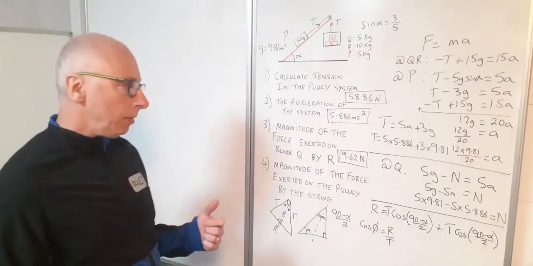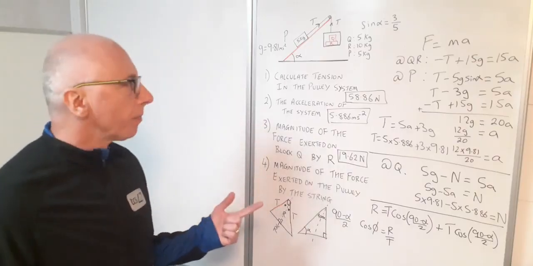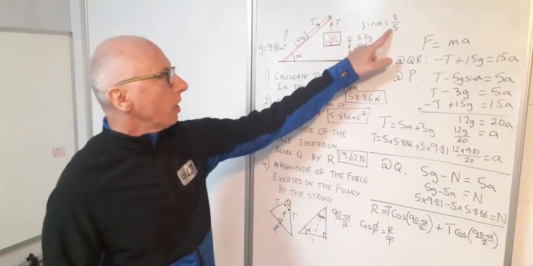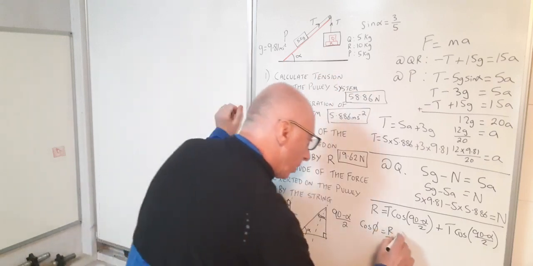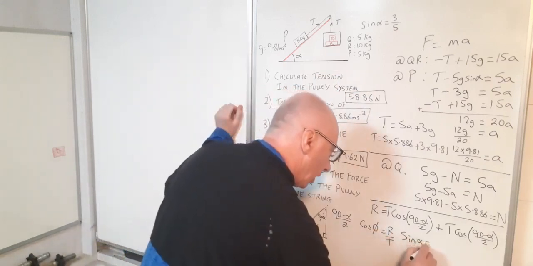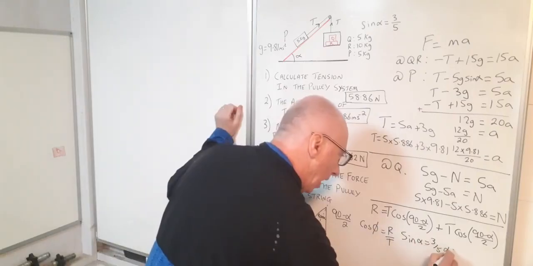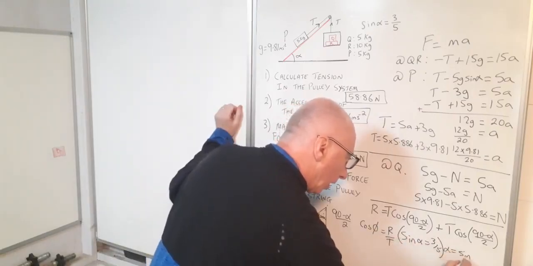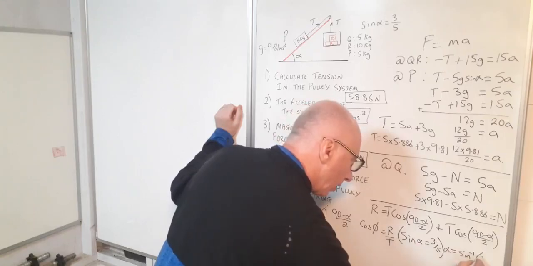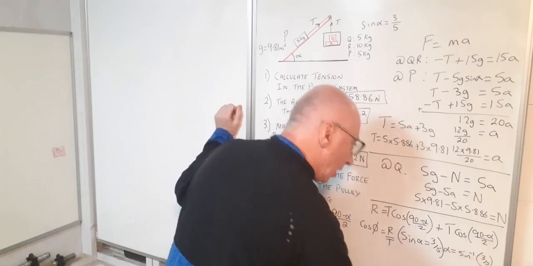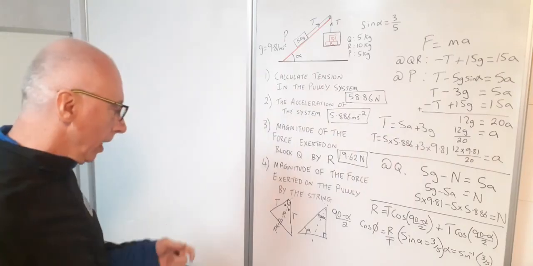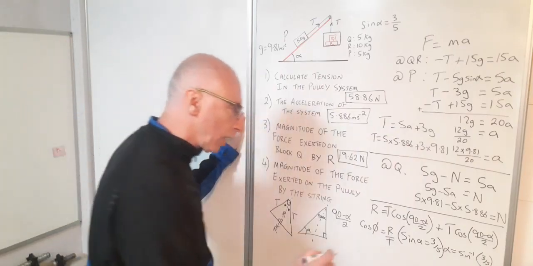So now we need to work out what alpha is. So I've got sine of alpha equals 3/5. So therefore alpha equals the inverse sine of 3/5. If I plug that into my calculator, I'm going to get approximately 36.87.